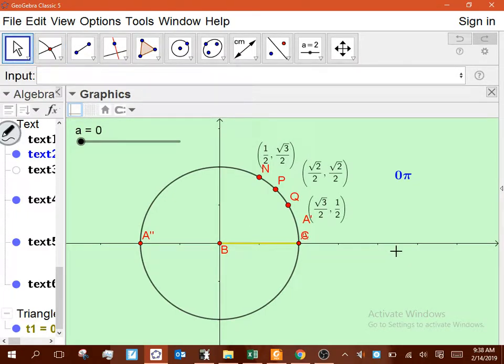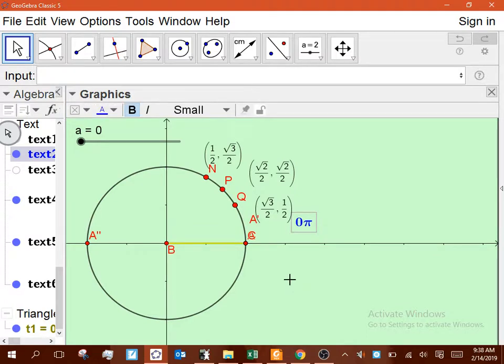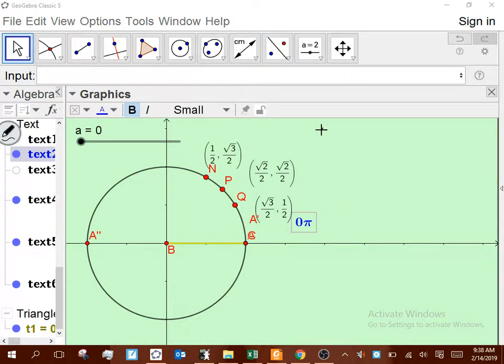All right, so let's do this. Let's say our t value, theta value, is negative 5 pi over 3.